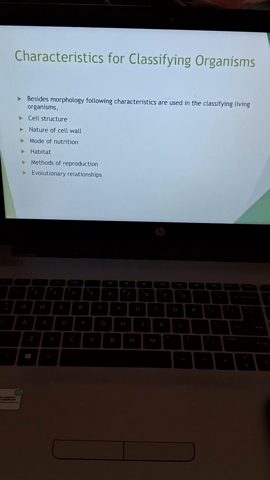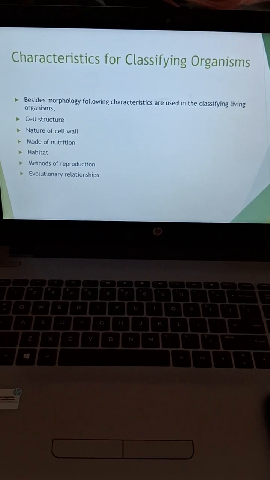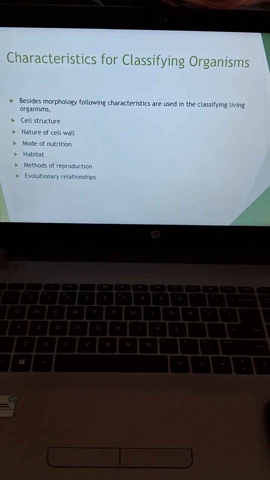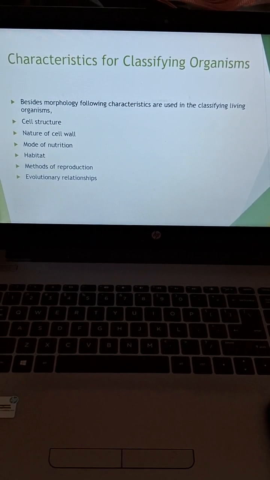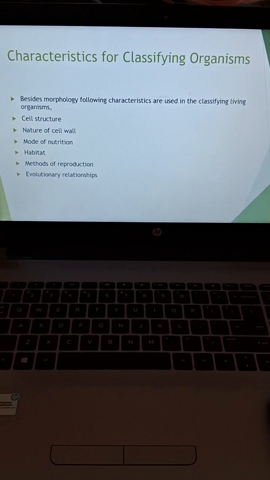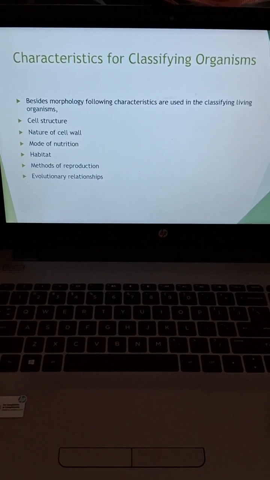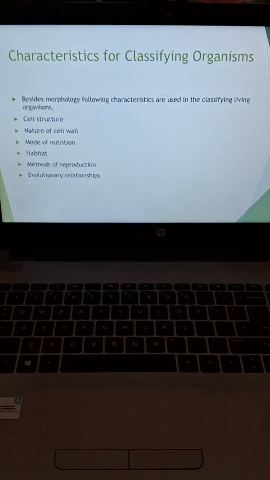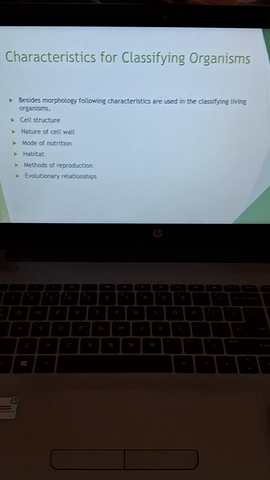Next, characteristics for classifying organisms. Only morphological characteristics are not used for the classification of living organisms. Some of the other characteristics are also important while classifying.